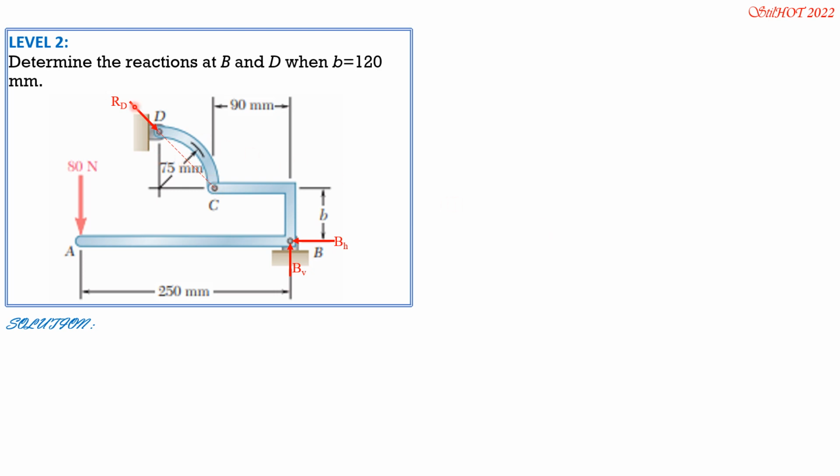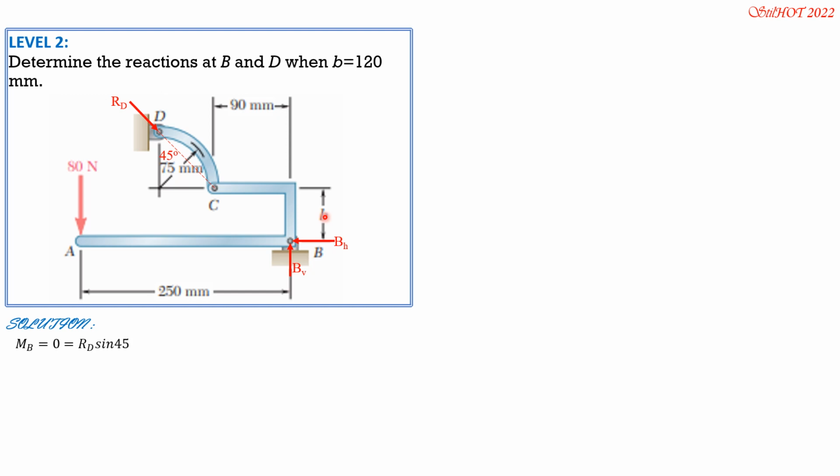By the principle of transmissibility of a force, the angle here is 45 degrees because this is a quarter circular arc, arctan of 75 over 75, so 45 degrees. We move RD to C. So set moment about B equal 0, considering clockwise positive. This component of RD is RD sine 45, and the moment arm is 120 mm.